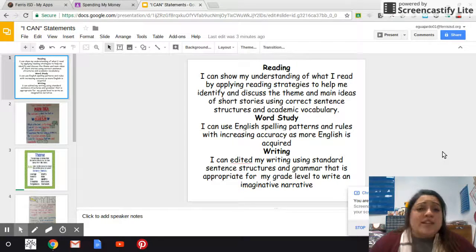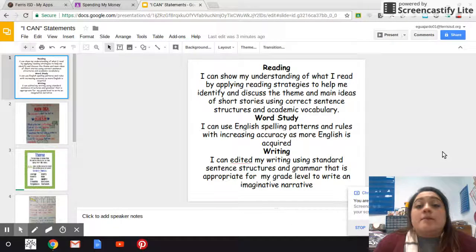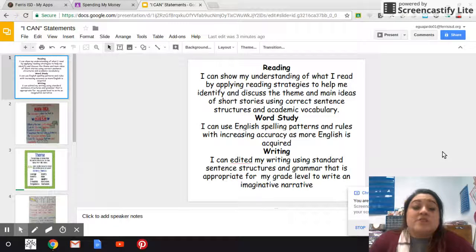In word study today, it says that I can use English spelling patterns and rules with increasing accuracy, which is kind of like increasing how fast you read and how fast you can spell as more English is required. And in writing, it says I can edit my writing using standard sentence structures and grammar that is appropriate for my grade level to write imaginative narratives.